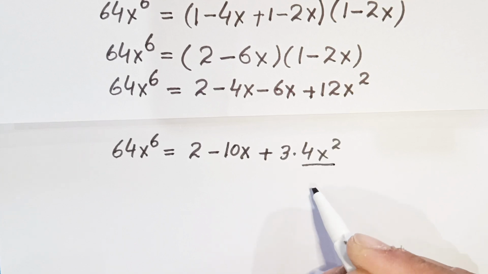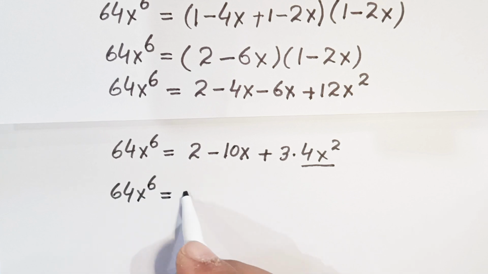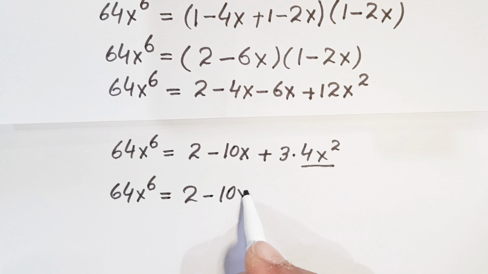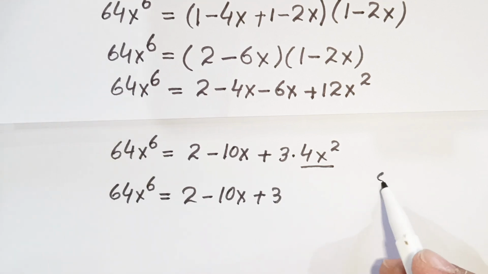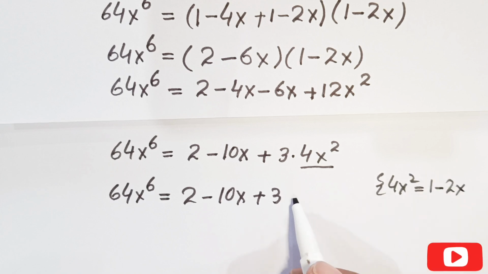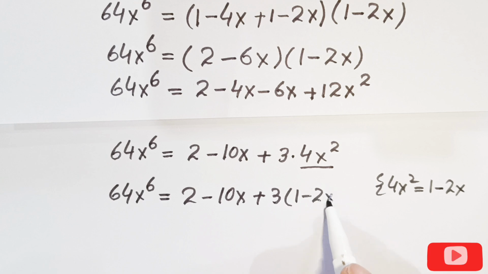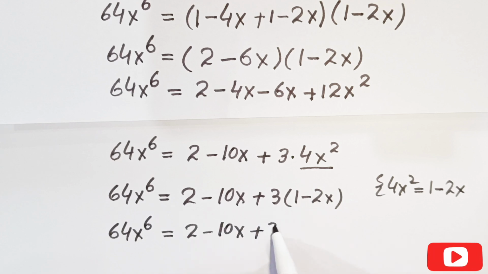So now putting the value of 4x squared, we have 64x to the power 6 is equal to 2 minus 10x plus 3 times the value of 4x squared, as we know that 4x squared is equal to 1 minus 2x. So putting here 1 minus 2 times x, then we have 64x to the power 6 is equal to 2 minus 10x plus 3 times 1 is 3 and minus 6x.